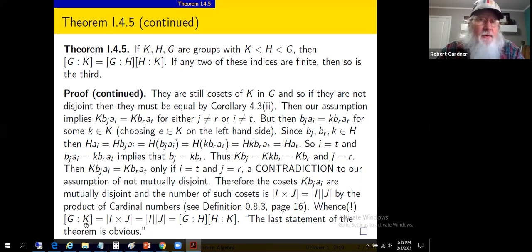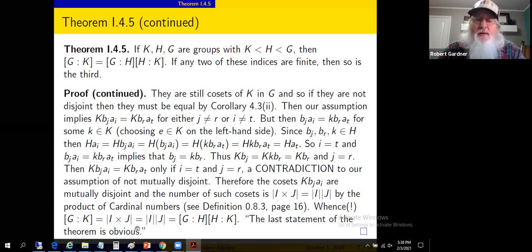The cardinal number of the right cosets of K in G equals the cardinal number of right cosets of H in G times the cardinal number of the right cosets of K in H.